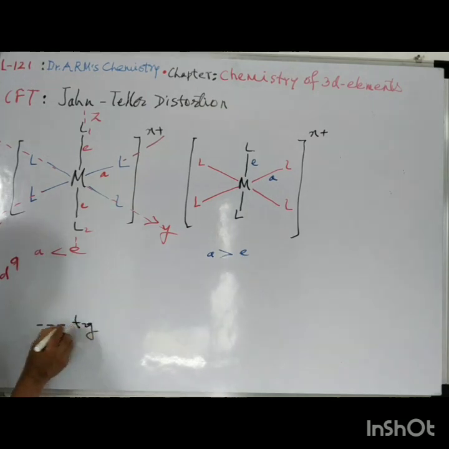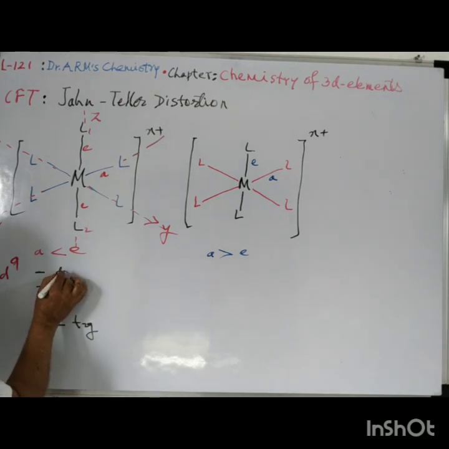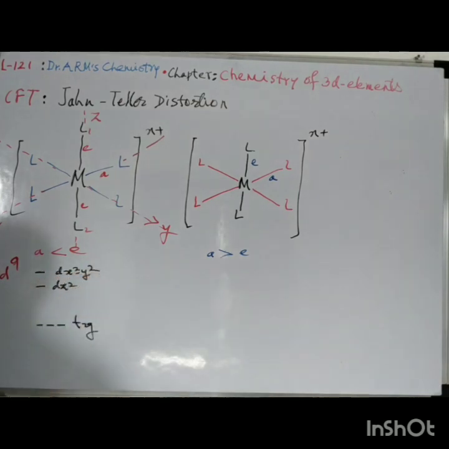This is t2g, then this is dz2, this is dx2 minus y2. Now there are 9 electrons, so these are distributed in this way: 6, 7, 8 and 9.